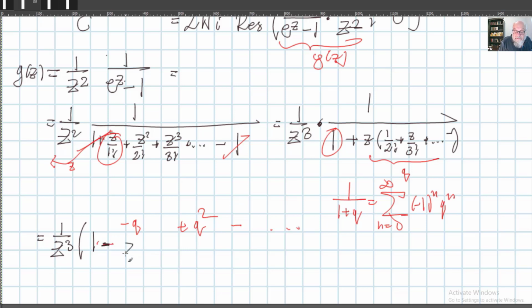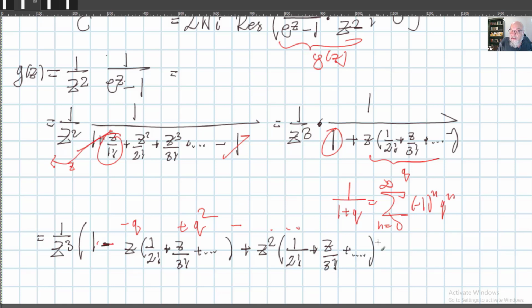So let me correct it and then write it minus. Sorry, minus, and this will be z, and this is 1 like that, plus z q plus, and then you will have z squared, and this will be 1 factorial plus z over 3 factorial, plus also squared, and then you have minus again.